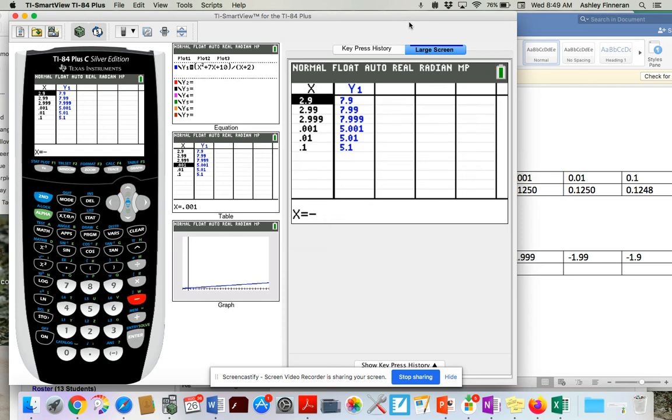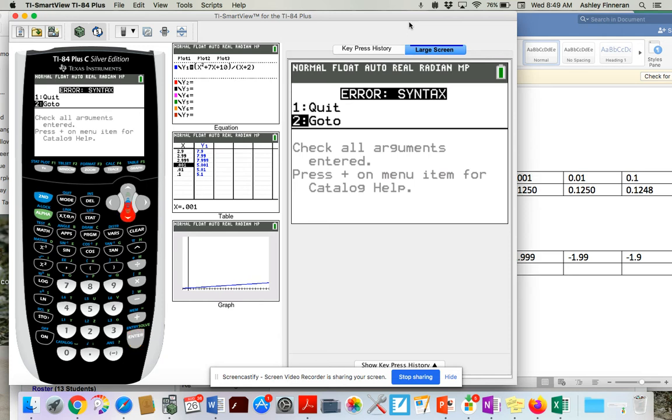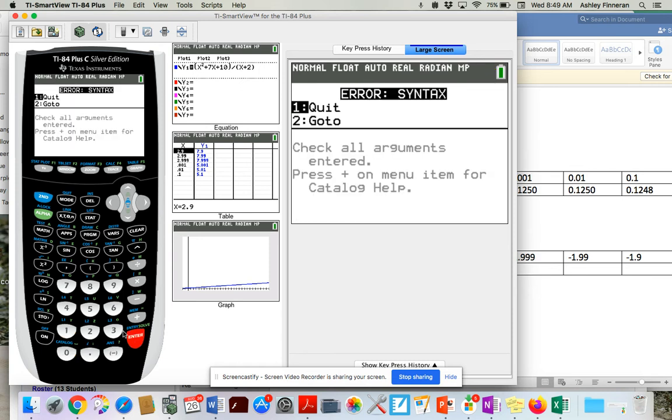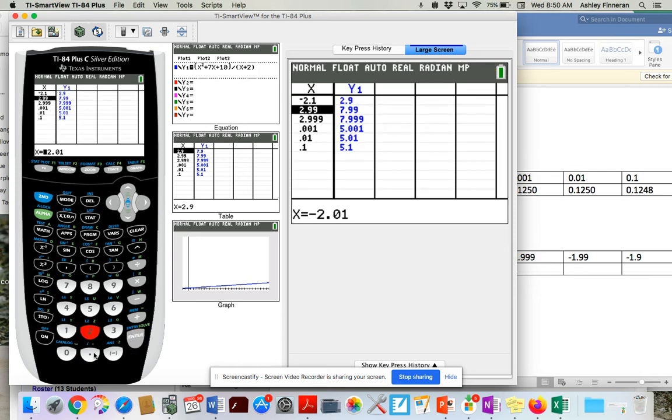So I have negative 2.1. The negative sign doesn't work on my keyboard. Negative 2.1. Negative 2.01. Negative 2.01.